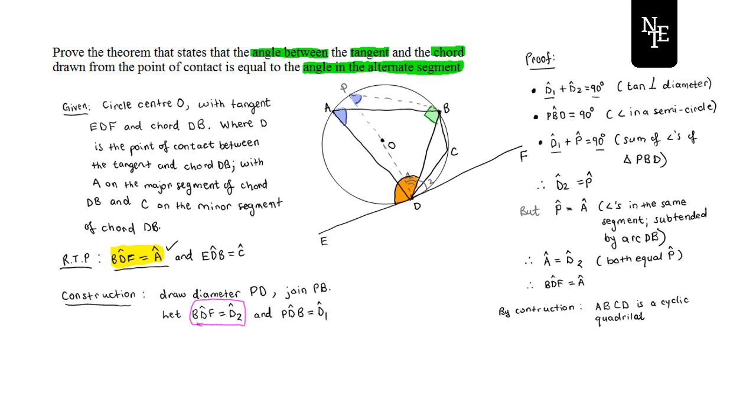This figure ABCD is a cyclic quadrilateral because all the vertices are on the circumference of the circle.